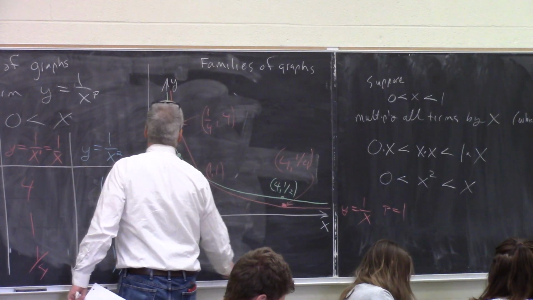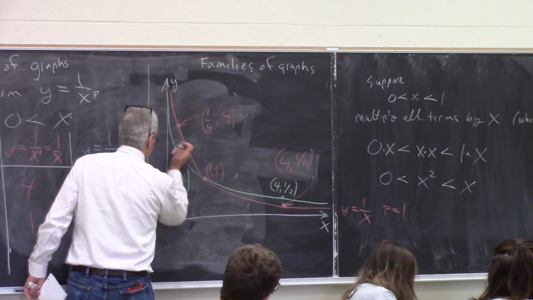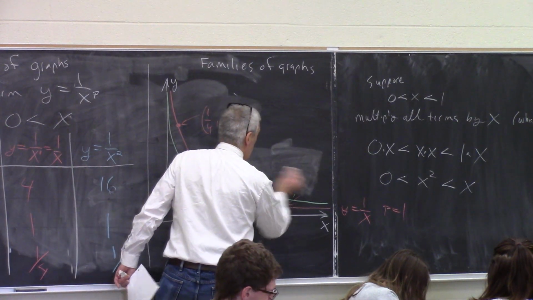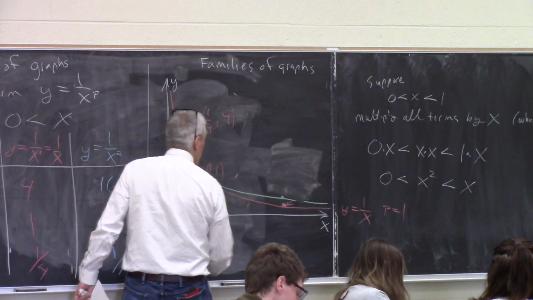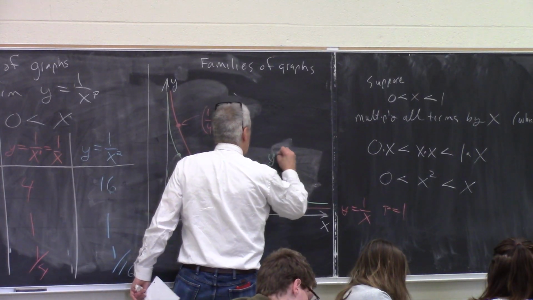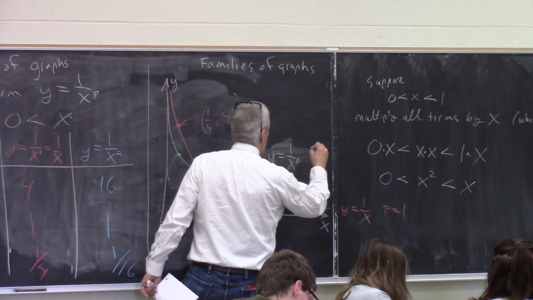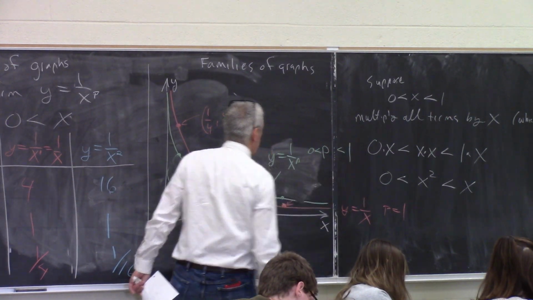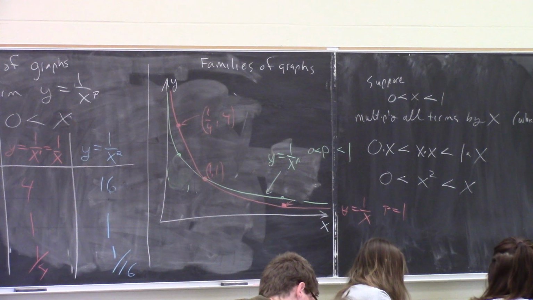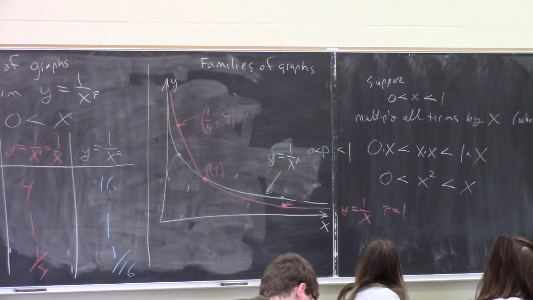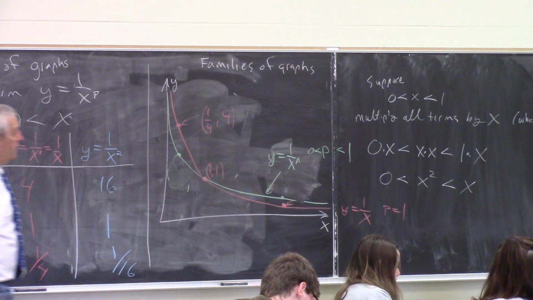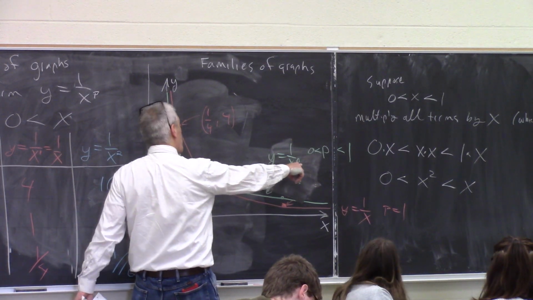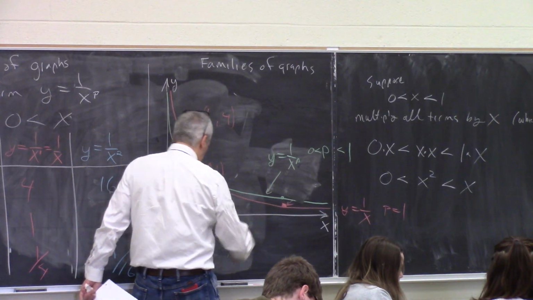Oh, I'm sorry, I shouldn't have given you the coordinates. I just want to talk about the green graph being y equals 1 over x to the p, where p is any number between 0 and 1, including this green one that we just did. So it doesn't matter what my value of p is. We did p equals 1/2, but we could have done p equals 1/3, p equals 1/4, whatever. The graph is going to look like that.